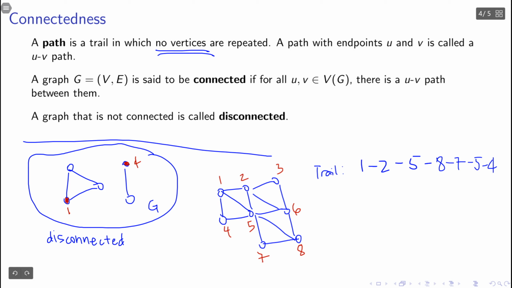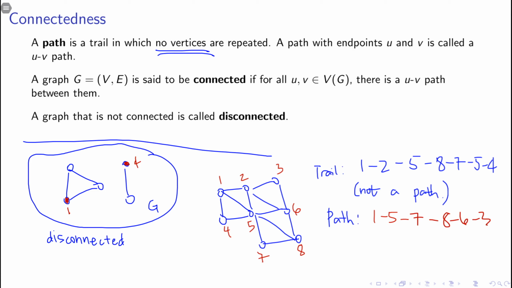It's not a closed trail, but it is a trail because you're not repeating any edges here. It's not a path though, because the vertex 5 appears twice. A path cannot repeat vertices, so a path would be something like 1, 5, 7, 8, 6, 3. That's a path, since you're not repeating any vertices, then you're not repeating any edges as well.